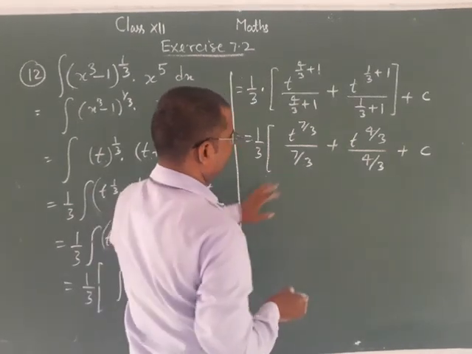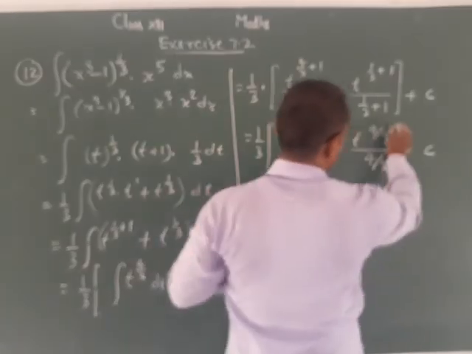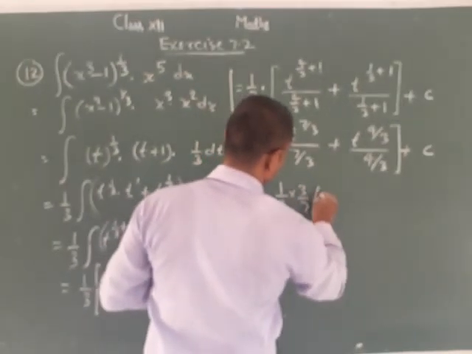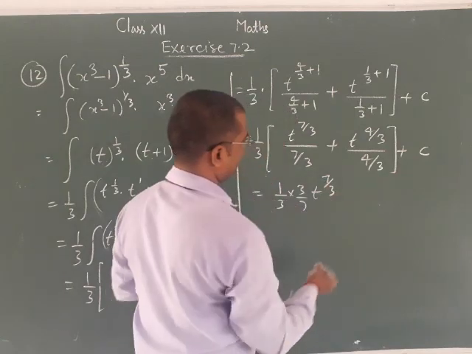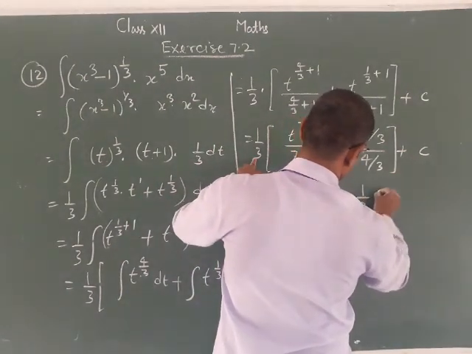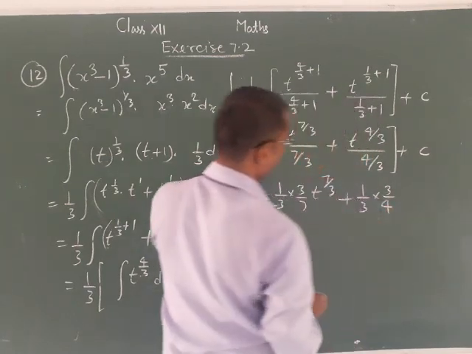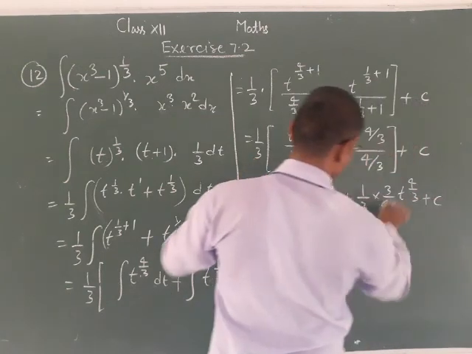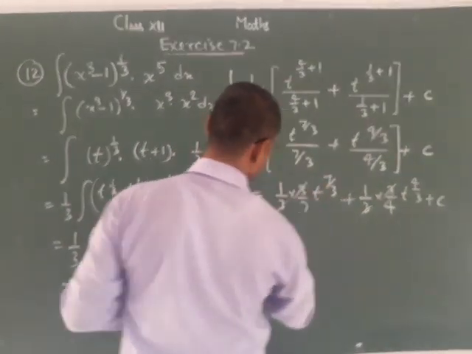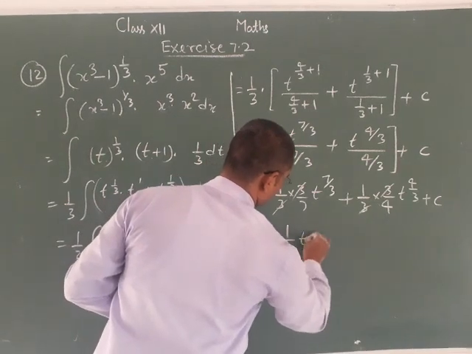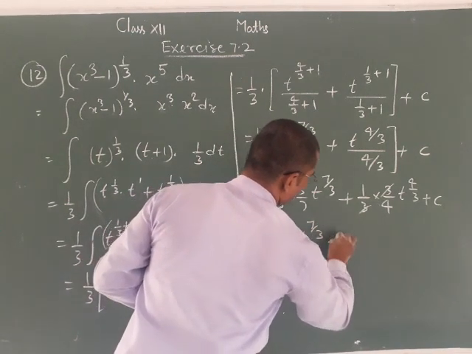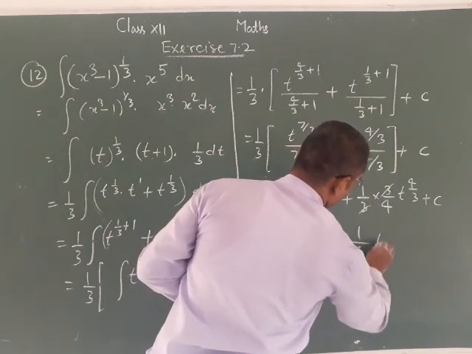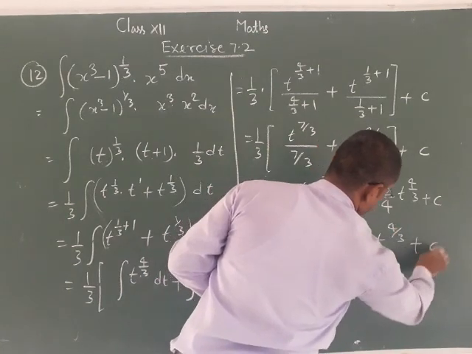And also we can write this multiply. So 1/3 and 3/7 t to the power 7/3 and plus 1/3 into 3/4 t to the power 4/3 plus c. So 3 cancels out and 3 cancels out. 1/7 t to the power 7/3 plus 1/4 t to the power 4/3 plus c.